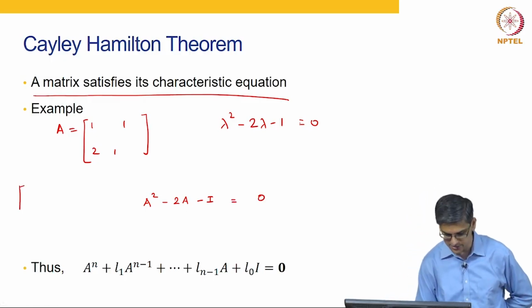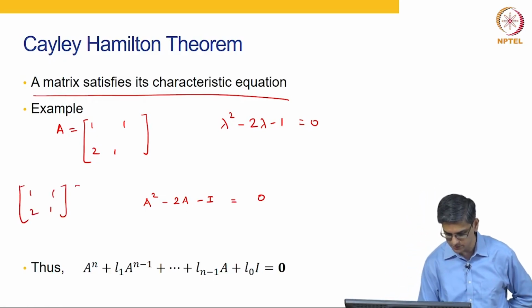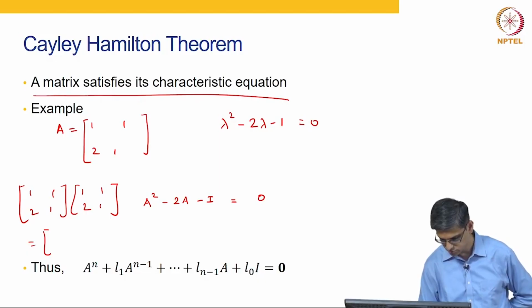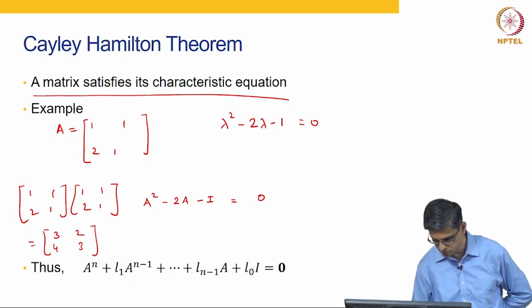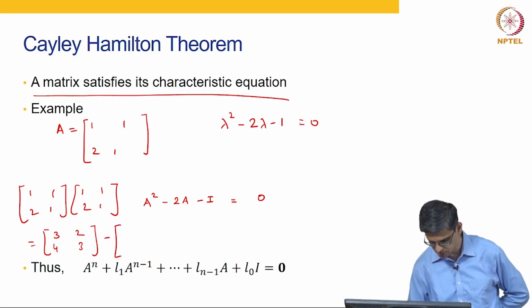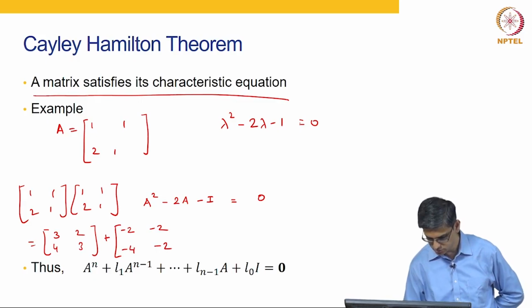Okay. So, let us try this. [1 1; 2 1] multiplied by [1 1; 2 1], which is equal to 1 plus 2, 3, 1 plus 1, 2, 2 plus 2, 4, 2 plus 1, 3, minus 2A, so minus 2, minus 2, minus 4, minus 2, minus identity, minus 1, minus 1.